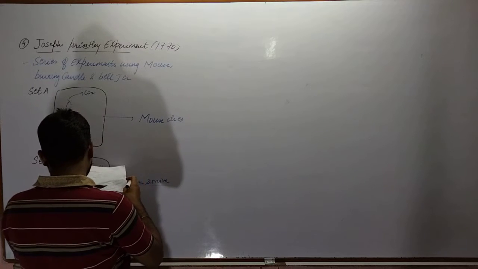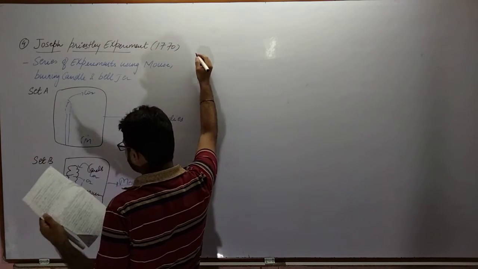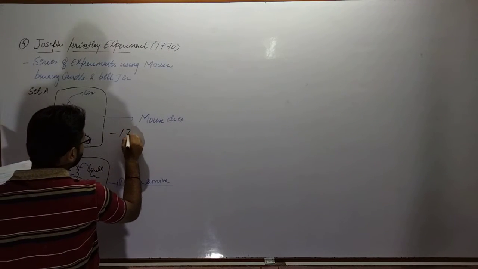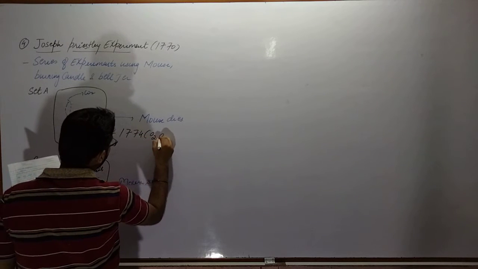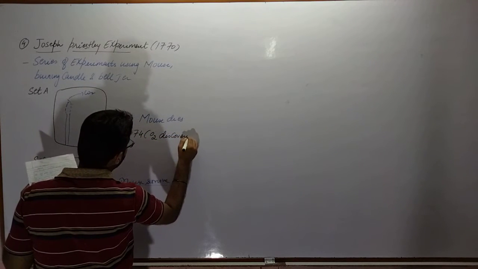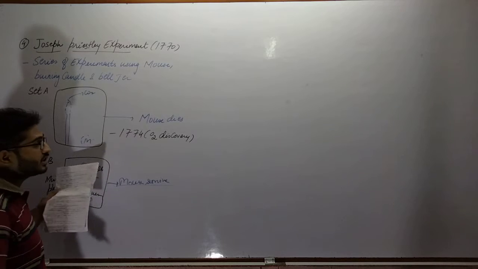So what is the indication? That oxygen is also important in the photosynthesis reaction. This Priestley discovered oxygen in 1774. For the oxygen discovery, the credit goes to Joseph Priestley only.